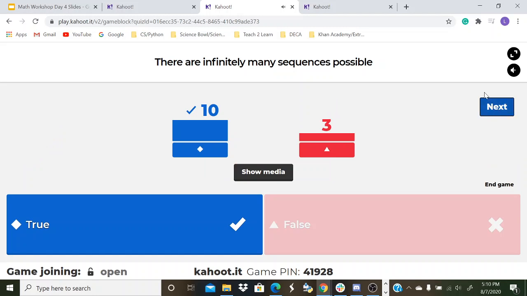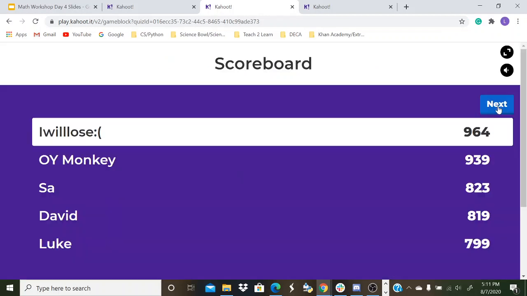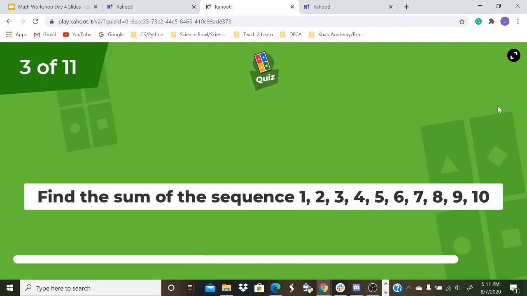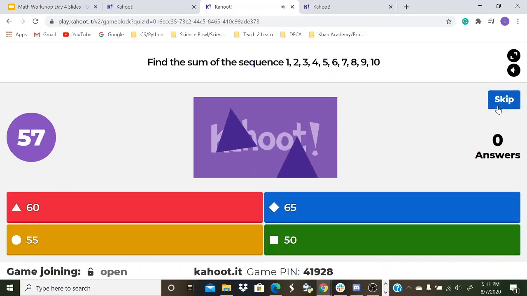Yeah, there's infinitely many because there's also infinitely many numbers, so there's infinitely many sequences too. Your screen froze.